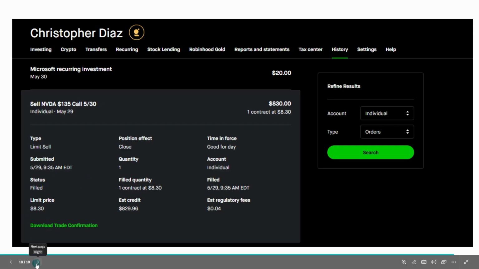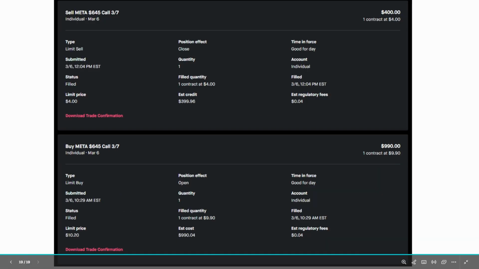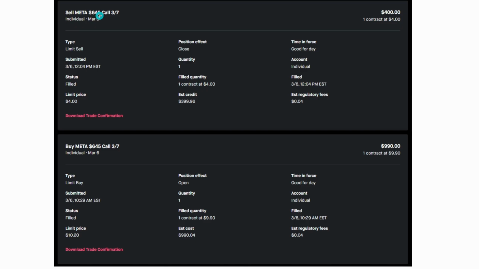Let me show you another one. I want to show you one where I really lost some money here. This is Meta. I bought a $645 strike price expiring March 7th. I bought this March 6th, so this is basically in one day.